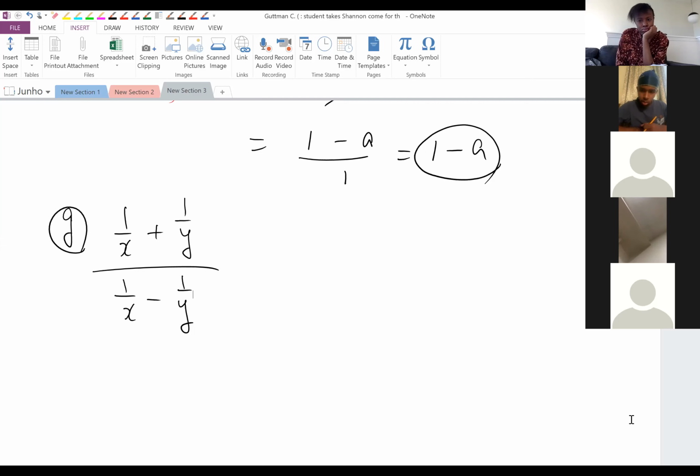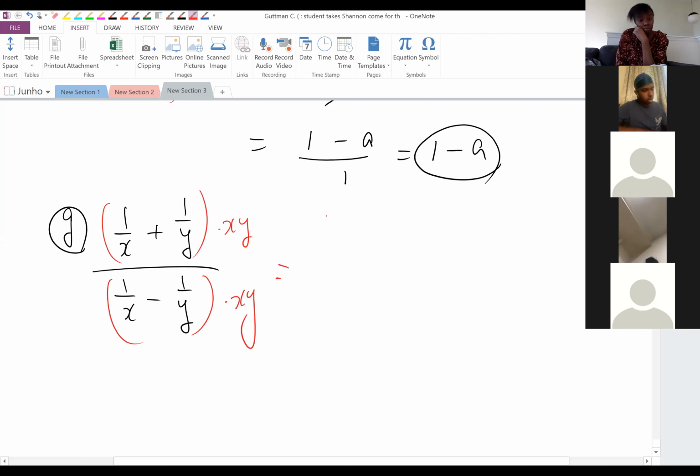Yes. Chris. Yeah. Okay, then now we can just multiply every fraction by xy, and this becomes 1 over x times xy plus 1 over y times xy, over 1 over x times xy minus 1 over y times xy.